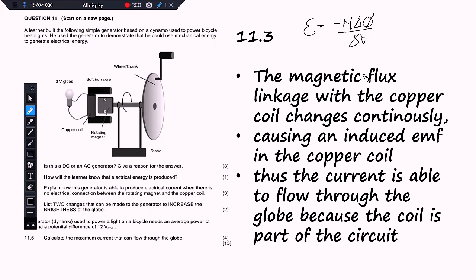We know that the magnetic flux linkage with the copper coil changes continuously, as we said, that this is AC current, then this will cause an induced EMF in the copper coil. Thus, the current is able to flow through the globe because the coil is part of the circuit.